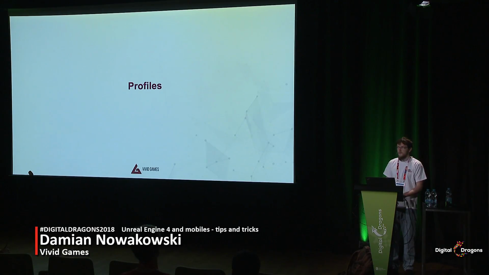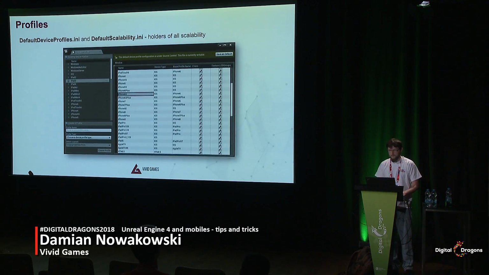And after that, when we reduce the size, we just have to take a little look at the profiles of the games. When we are talking about the profiles, we'll just check the two configuration files, which are the default device profiles and the default scalability file.